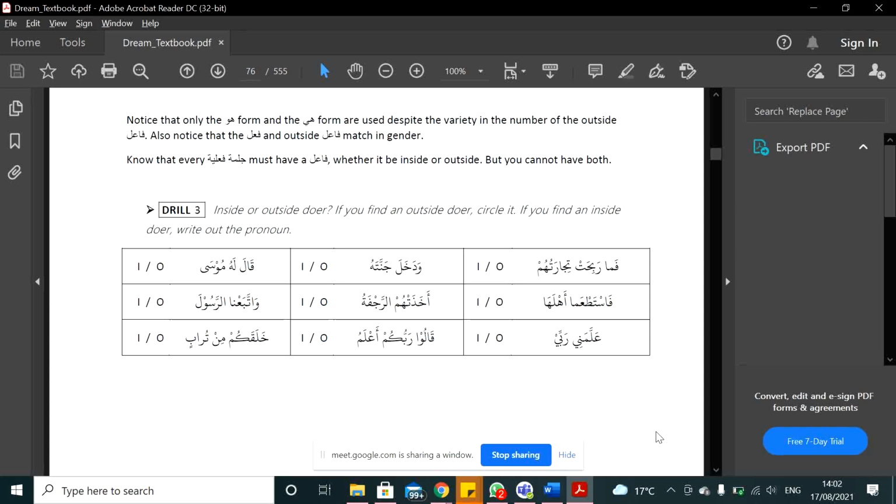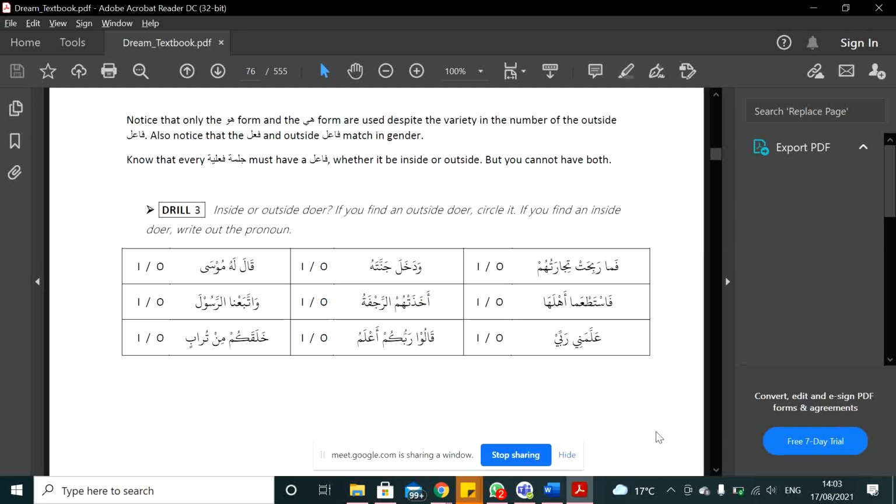Let me find the meaning of istama. Sorry, it's not istama, it's istata'ama. Istata'ama means to ask for food. So huma istata'ama means both of them asked for food.